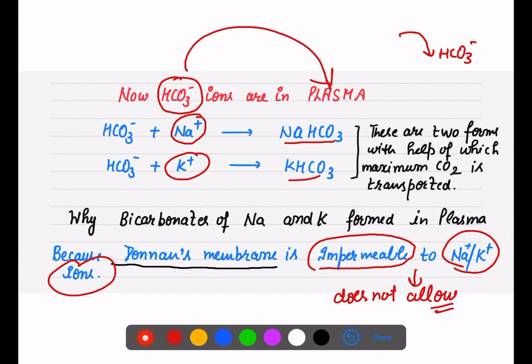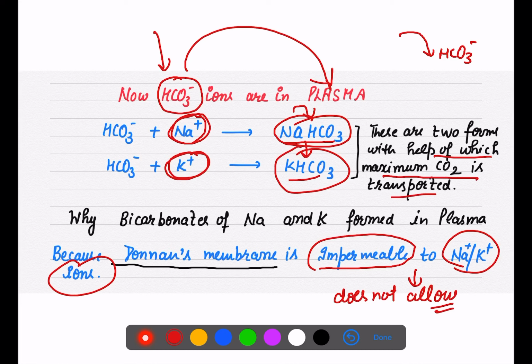That is why bicarbonate ions diffuse out into the plasma, react with sodium to form sodium bicarbonate, and react with potassium to form potassium bicarbonate. These are the two forms which help in the maximum transportation of CO2 as bicarbonates. Whichever is available, sodium or potassium, they will form that bicarbonate.